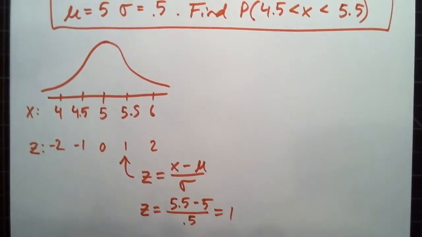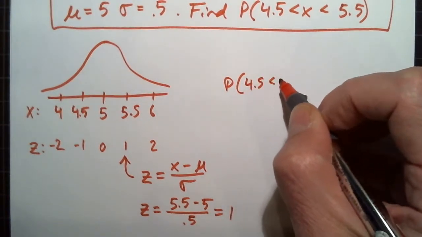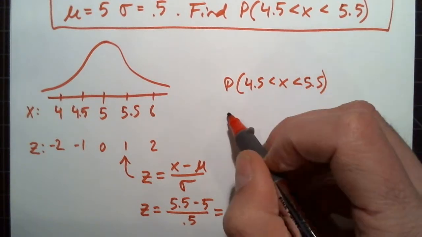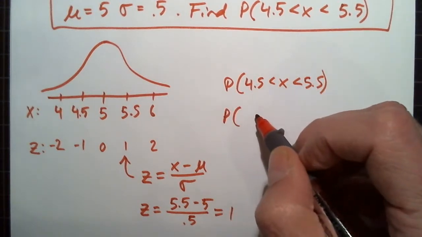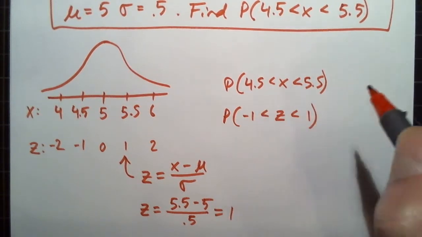Okay, so now that we have converted, we could say that the probability of x being between 4.5 and 5.5 is the same as the probability of z being between -1 and 1.